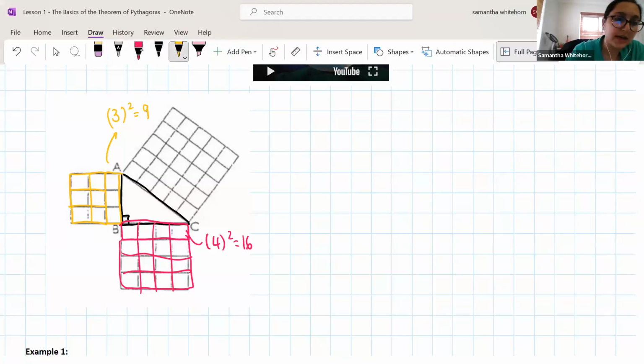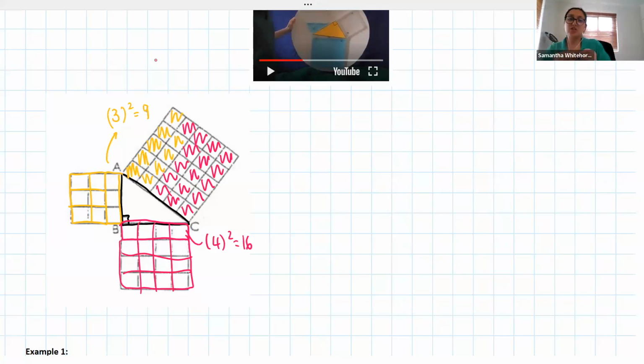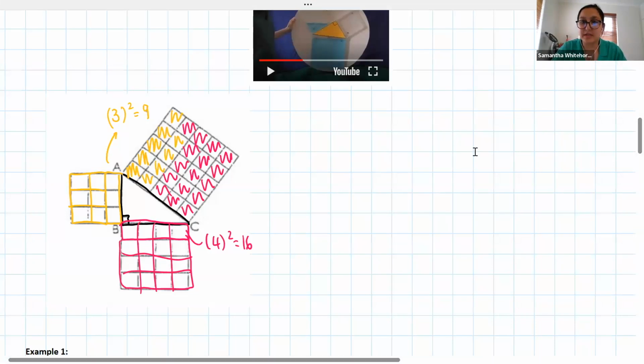So we've got 9 from our yellow blocks, and we've got 16 from our pink blocks. And so when we add the square of our sides together, we are able to get the third side squared. And this is where Pythagoras comes from.